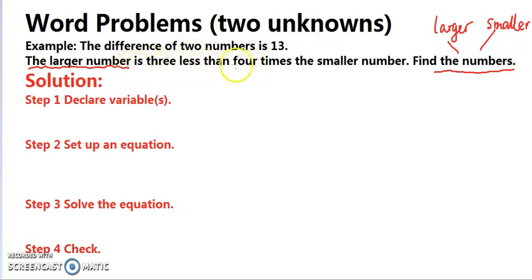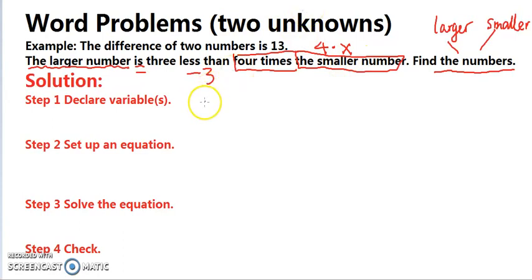So if we make the smaller number a letter x, we will get the larger number equals... 3 less than is minus 3. Minus 3 from what? From 4 times the smaller, which is x. So this is what we're thinking here.